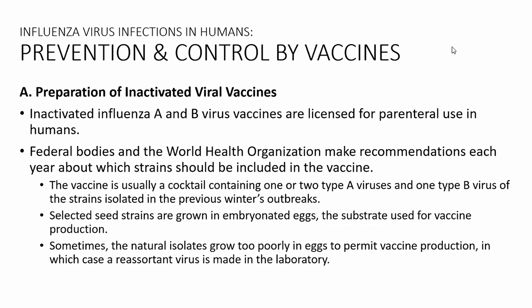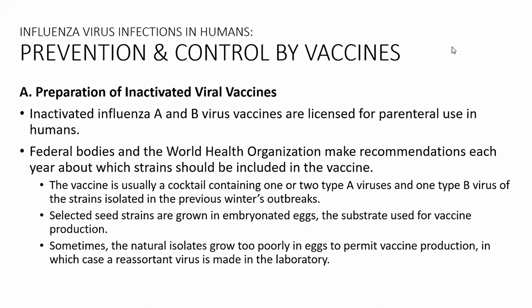That's why we need to have flu vaccines every year, since we are not sure whether that type of influenza virus was the one that was administered to us in the previous year.